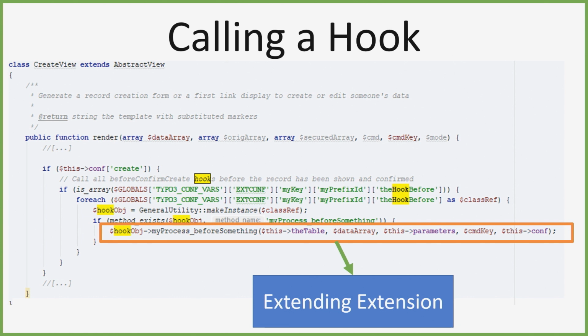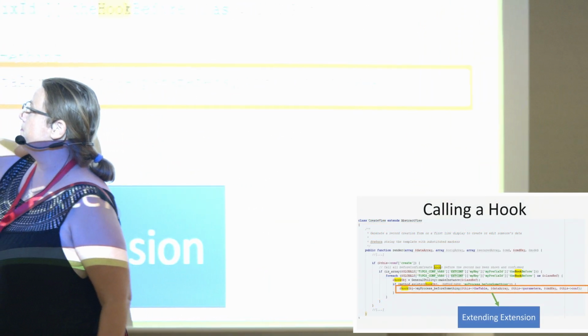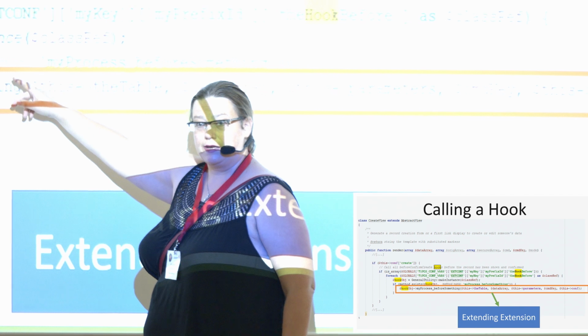So this is inside of the original extension, how they usually call hooks. But again, you cannot count on them always doing it like that. You are just foreaching through the global variable, and then you get yourself the hook object by making an instance.